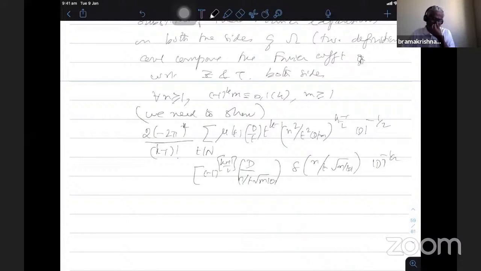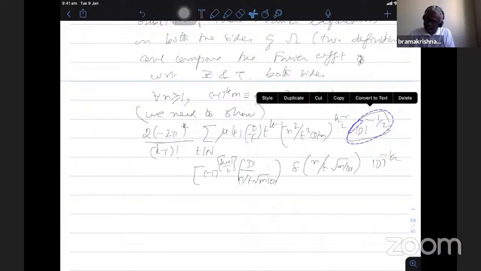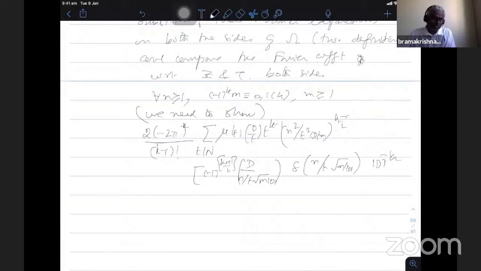I made a mistake. Here it should be m power k minus half, because I just skipped one line there. So plus pi root 2, n square by t square mod dm power 1 by 4, summation a greater than or equal to 1.